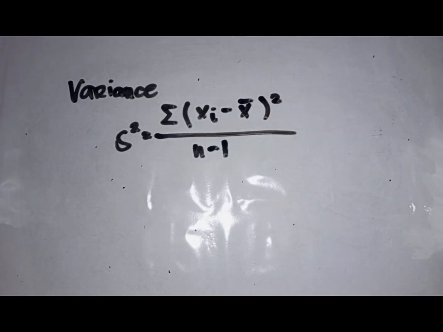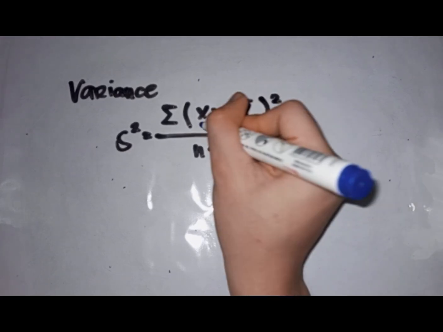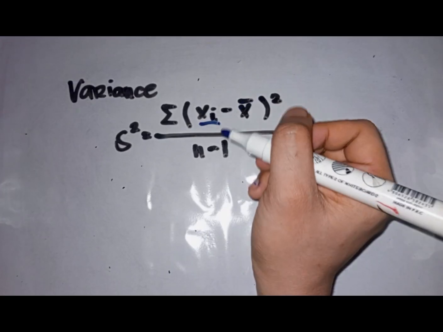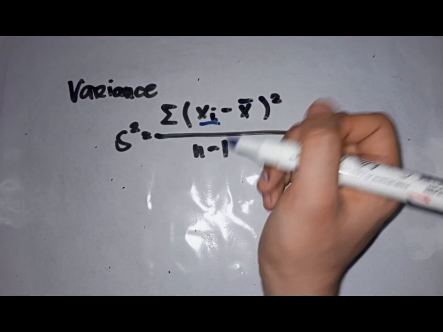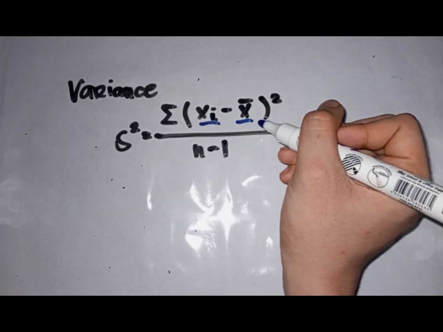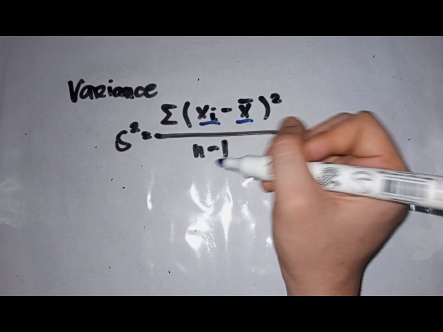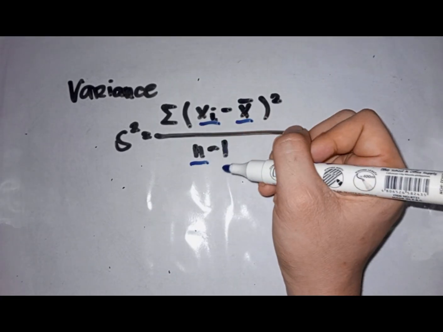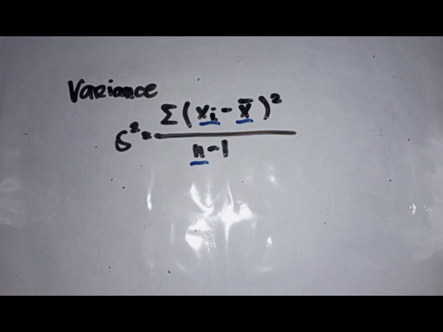Here, x sub i is each individual data point, x bar is the sample mean, and n is the number of data points.